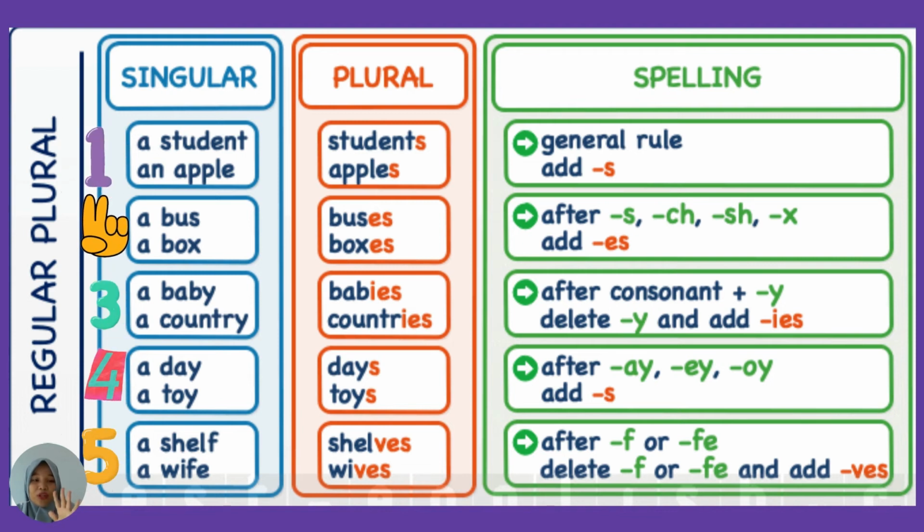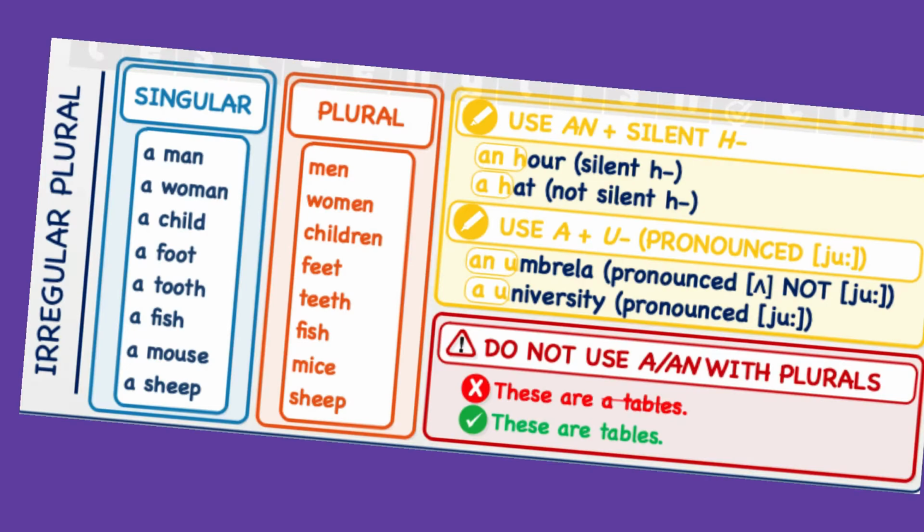Now, for the fifth rule, when the last word is F or FE, we need to delete the F or FE, become VES. Like shelf, become shelves. Like wife, become wives.